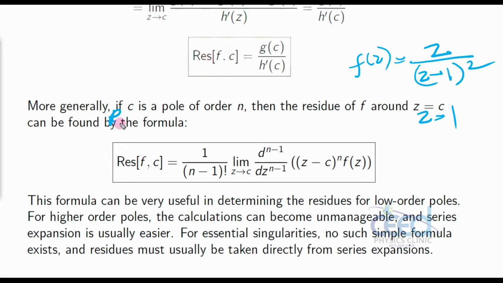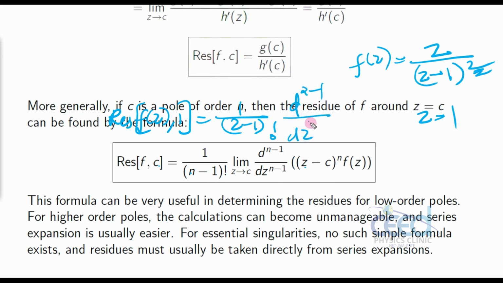So residue of f of z, instead of c we have 1 here. That is equal to 1 by n minus 1 factorial, where n is the order of the pole, which is 2, so 2 minus 1 whole factorial, into d by dz raised to 2 minus 1 of z minus c all raised to n, that is z minus 1 the whole square, into f of z.